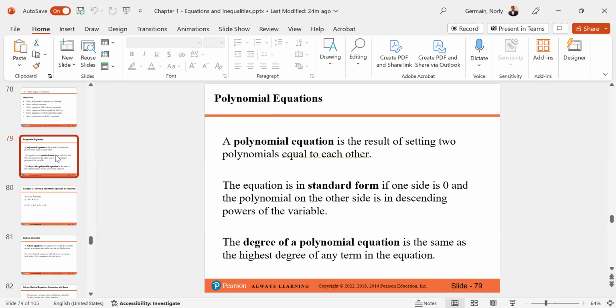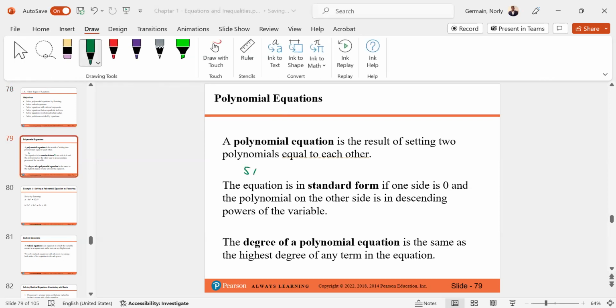So when we have big expressions, for example, 5x plus 7 equals 12, this equation is of degree 1 because 1 is the highest exponent. We can have 6x squared plus 3x equals 11.